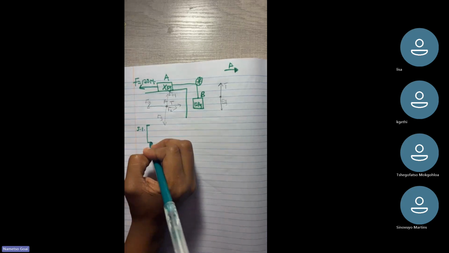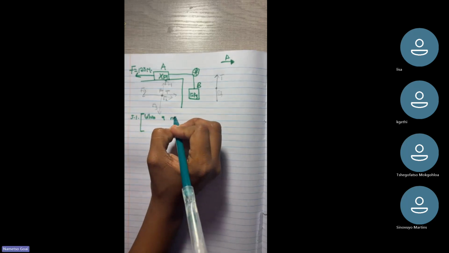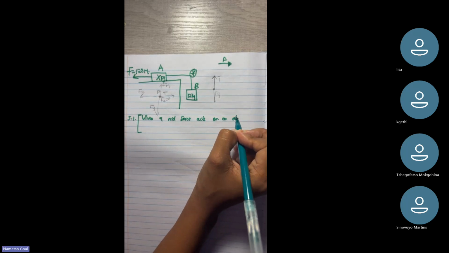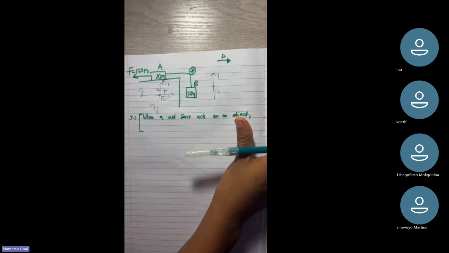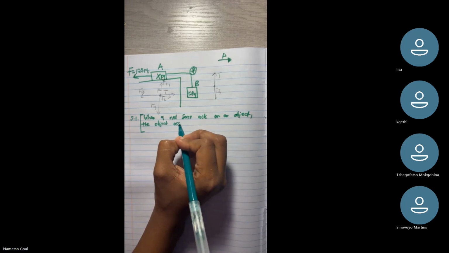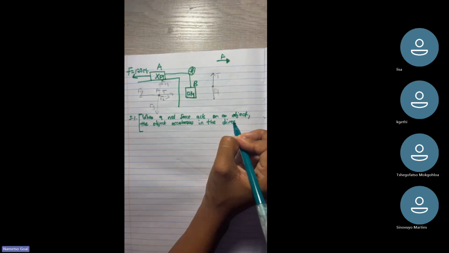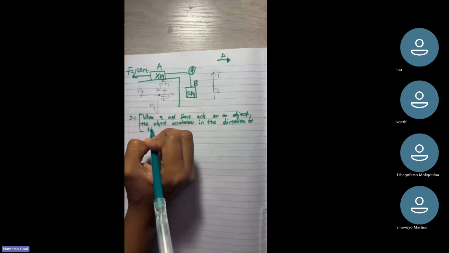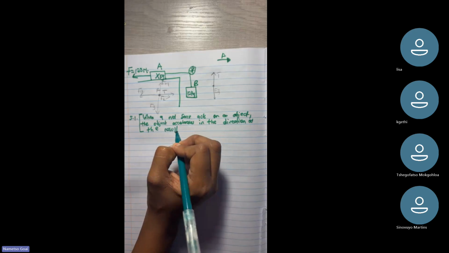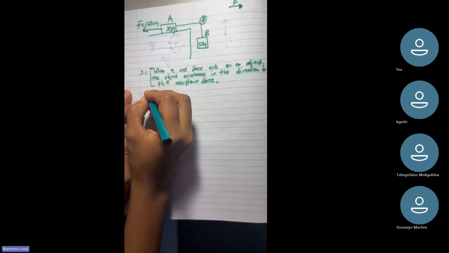If you look at it on the examination guideline, they firstly say: when a net force acts on an object, the object accelerates in the direction of the resultant force. And then now here comes what you just said, which is correct.